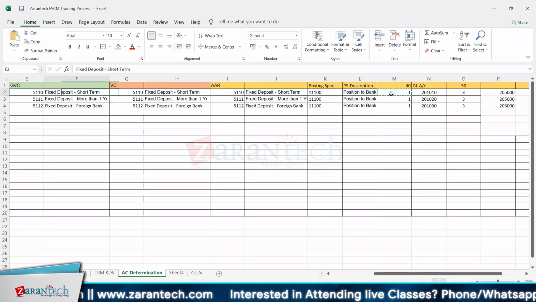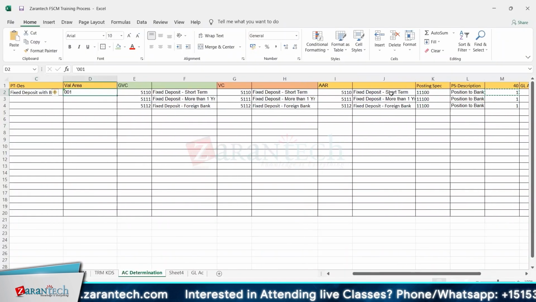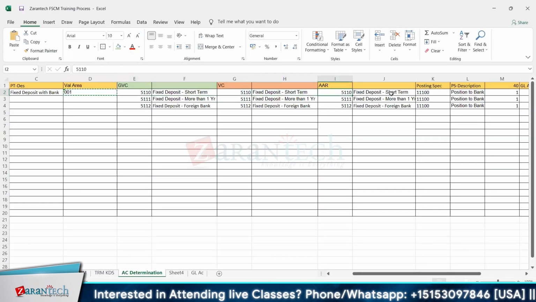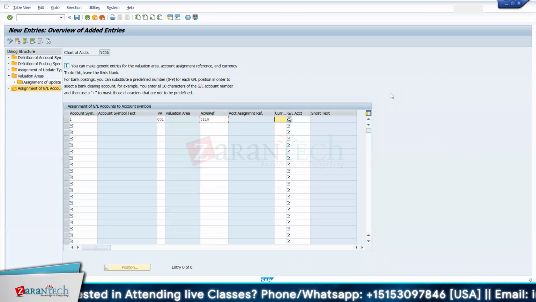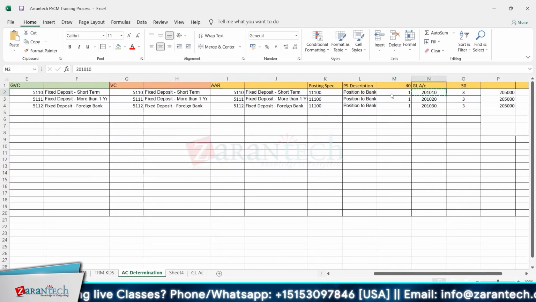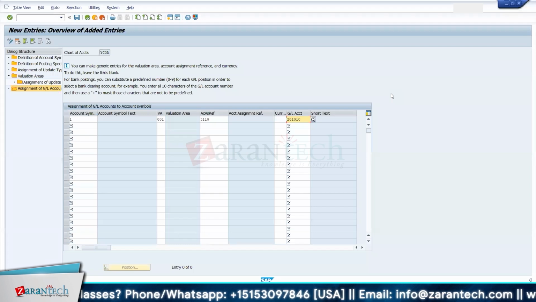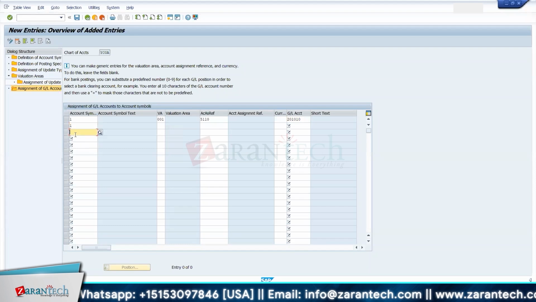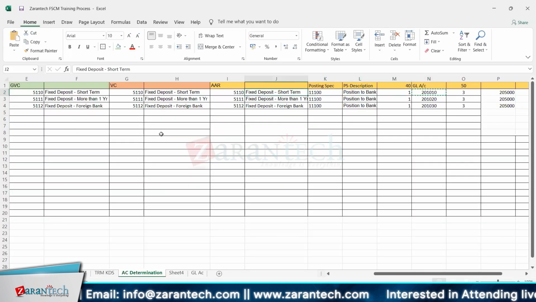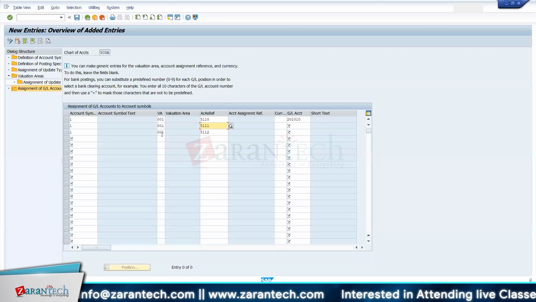Valuation area 001. Account reference, this is the same account reference. And here for 1, this is my GL account, right? I have to repeat this 3 times. 001, 001, and account reference I have 2 more.